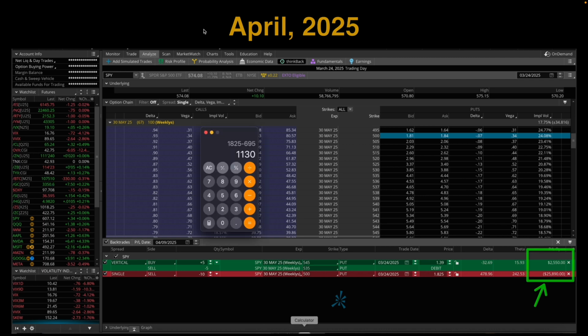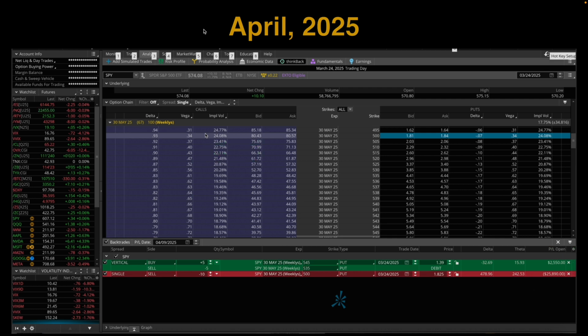So we can see that as the selling accelerated and implied volatility increased after the announcement of the tariffs, this position was showing a large unrealized net loss to the tune of $23,340. So remember, we only brought in a credit of $1,130, and to see a net loss on that trade of over $23,000 is fairly significant.